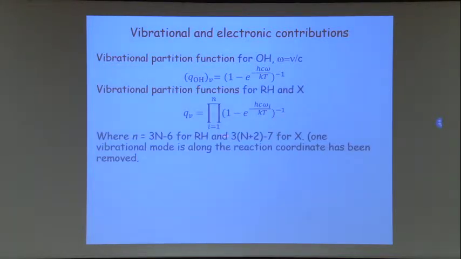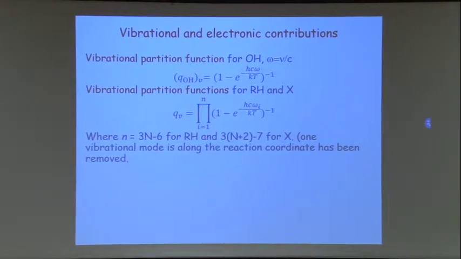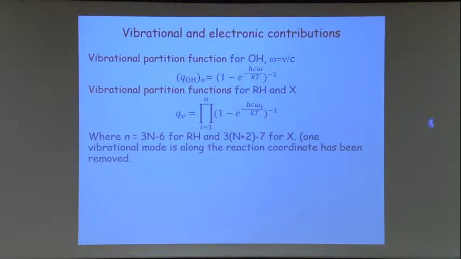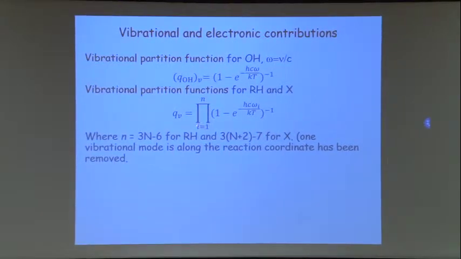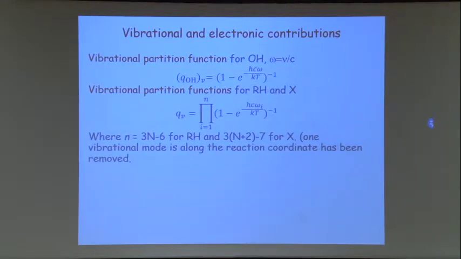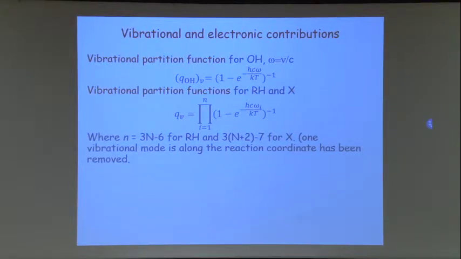For RH and X, N, the number of vibrational modes, is 3n minus 6 for RH, and 3n plus 2 for X, where n is the number of atoms in RH, but we've got 2 more coming from OH, and then we reduce that by 7: 6 because it's a nonlinear molecule, and another 1 because we've taken a vibration out of the expressions, because that's going along the reaction coordinate and over the transition state.